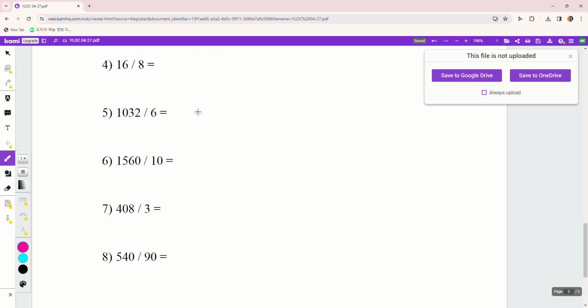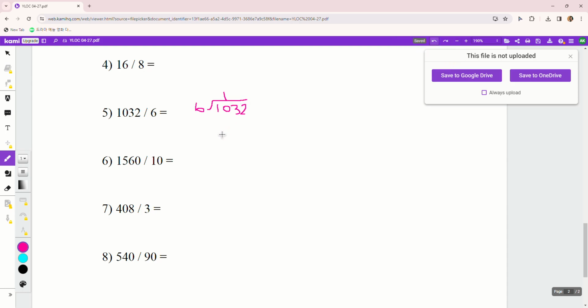Next is number 5. So 6 can go into 10 once, with the remainder of 4.